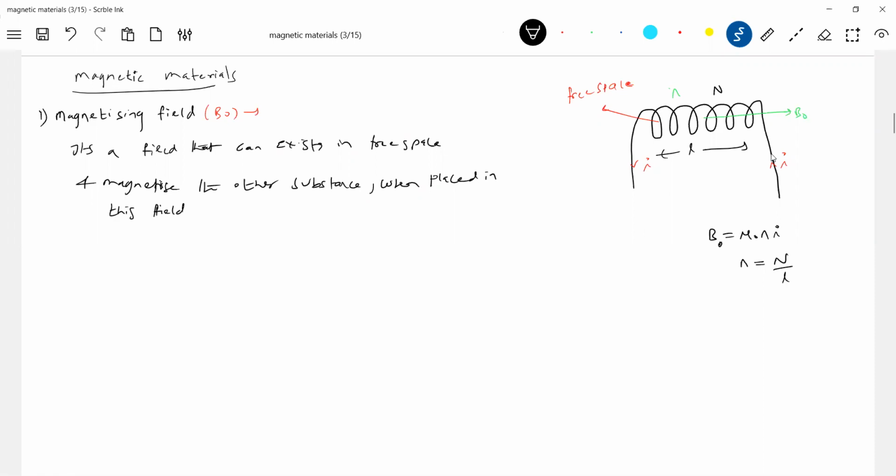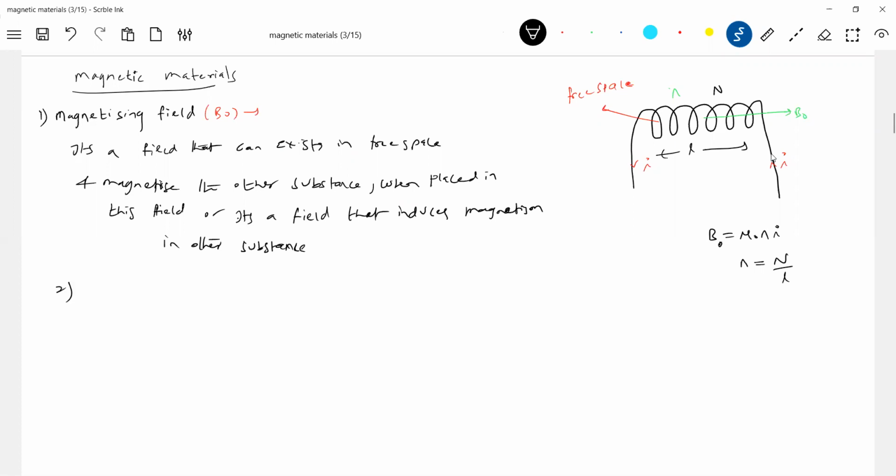It can induce magnetism, or you can magnetize the other substance. So what is the meaning of this? It's a field that induces magnetism in other substances. It is the external field, you can call it that.